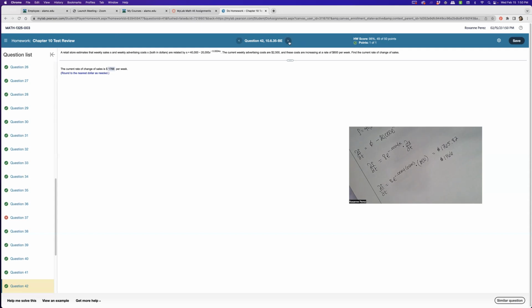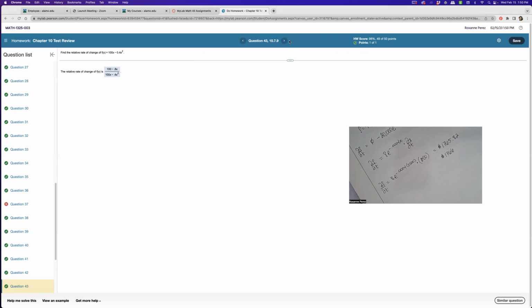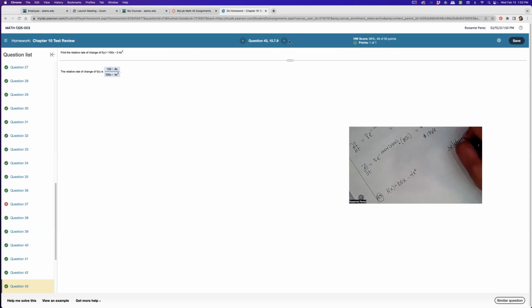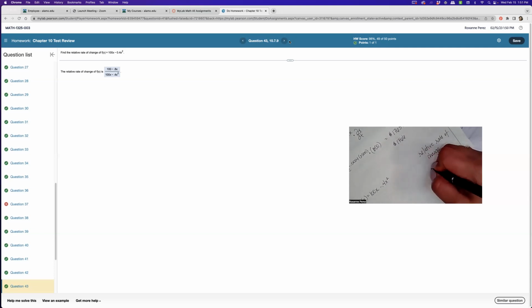Now let's move on to the next question, 43. We're given a function f of x equals 100x minus 0.4x squared, and we're asked to calculate the relative rate of change. This is a toolbox. Relative rate of change is f prime of x divided by f of x.